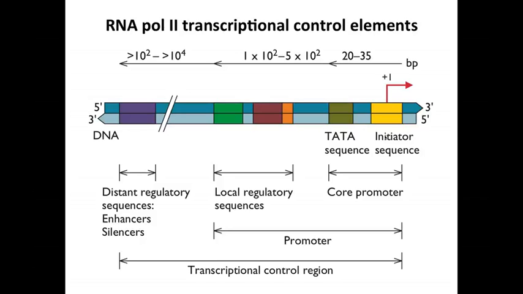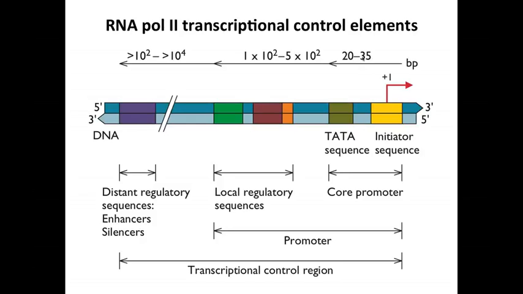The actual core promoter, a sequence that you can take and have direct the synthesis of mRNA, is shown here. It consists of the initiator sequence and just a bit upstream the TATA sequence, and that's named after the fact that it has T's and A's and T's and A's in it. As you'll see, the TATA sequence is recognized by a very specific cellular protein.